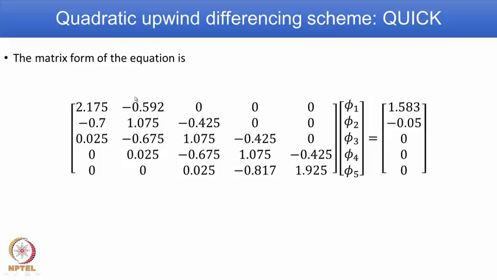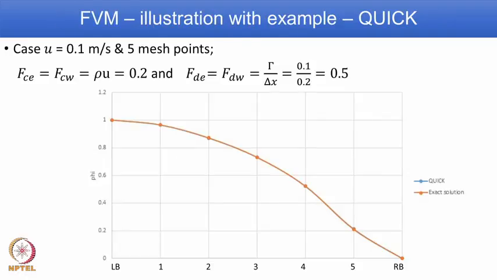We will reserve that matrix inversion procedure for the next class. Once you do this matrix inversion you are able to get the unknown variable values phi 1 to phi 5. Now, we already mentioned there is an analytical solution available and you can make a comparison.